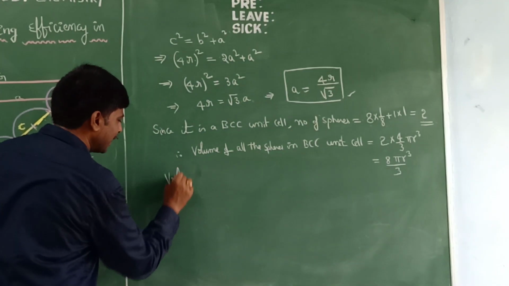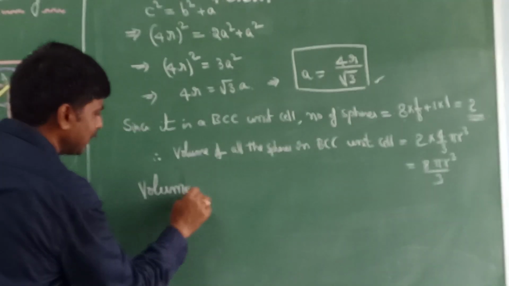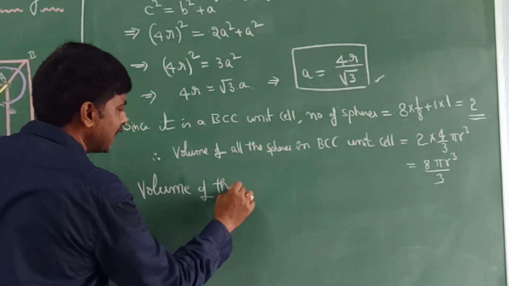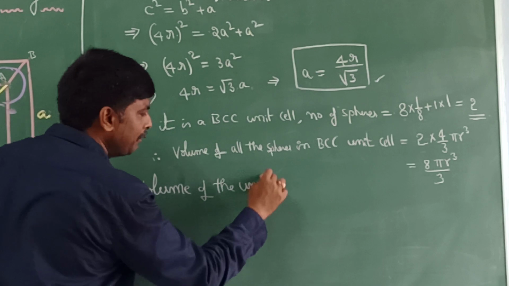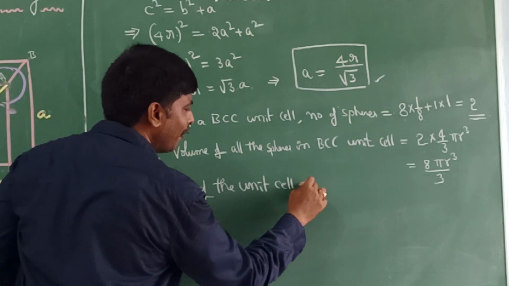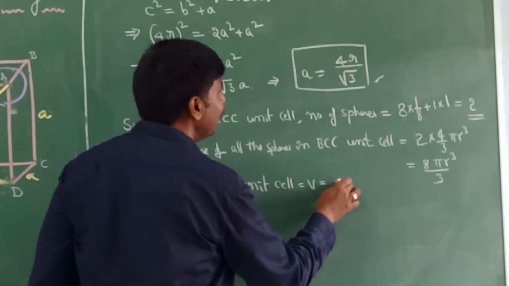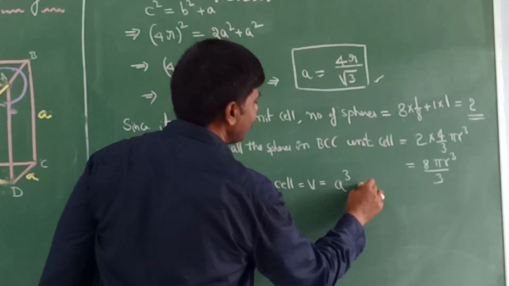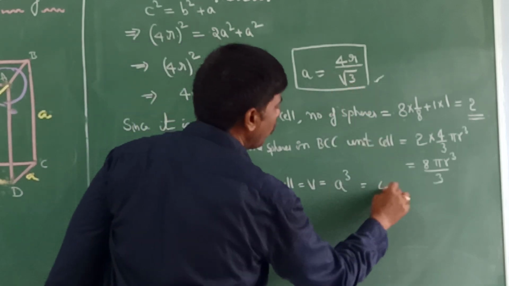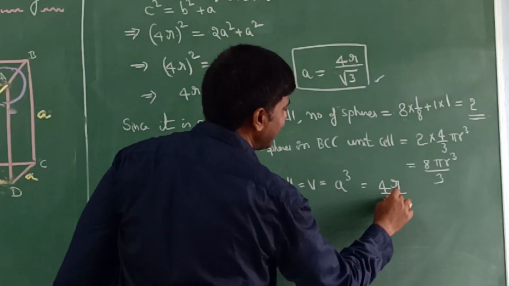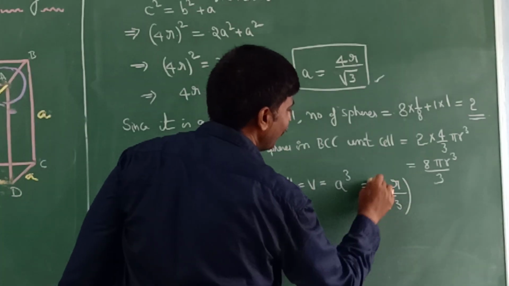Similarly, you can calculate, like in the previous case, the volume of the unit cell. Volume of the unit cell means volume of the cube. V is equal to A cube. A is 4R by root 3, whole cube.